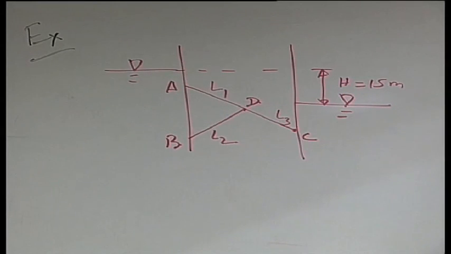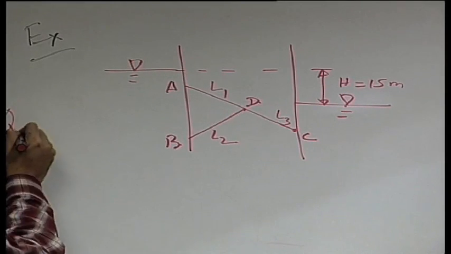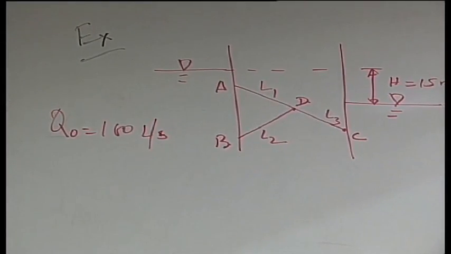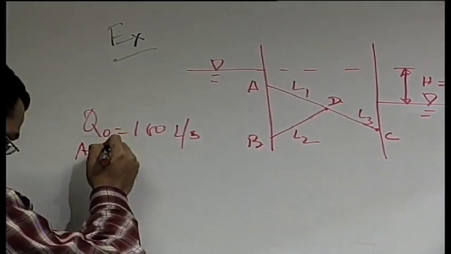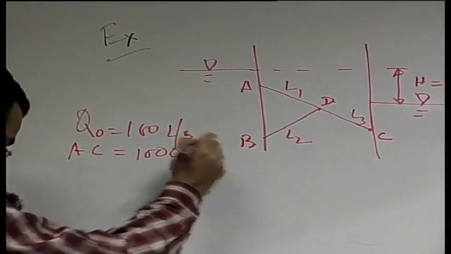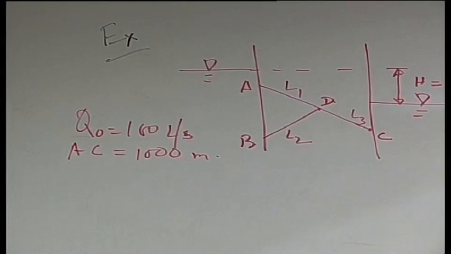So Q0 is 100 liter per second and the length of AC is 1000 meter, that is 1 kilometer. To increase the flow rate, another pipe BD is added. Estimate the length of the new pipe, that is the problem.